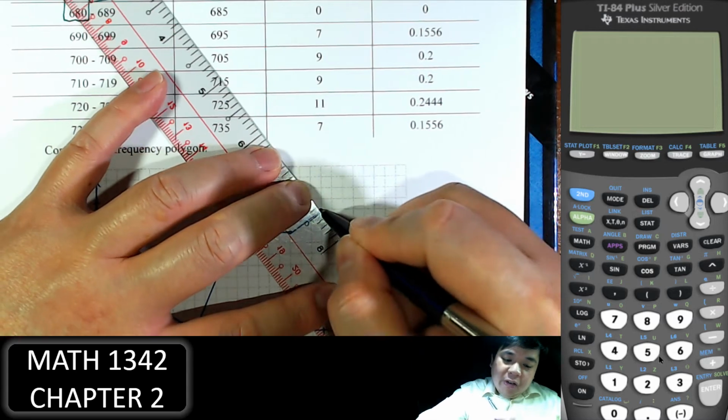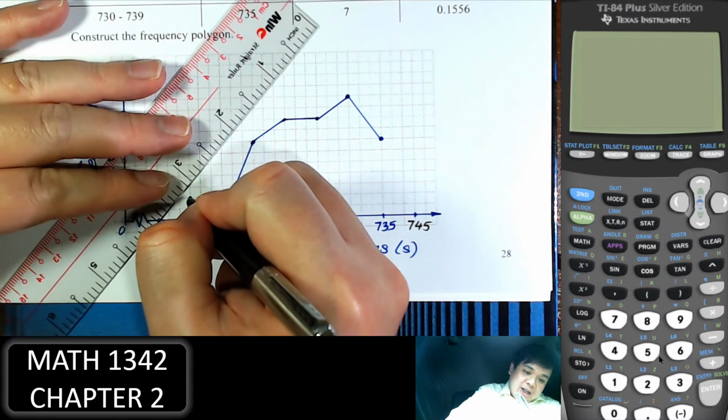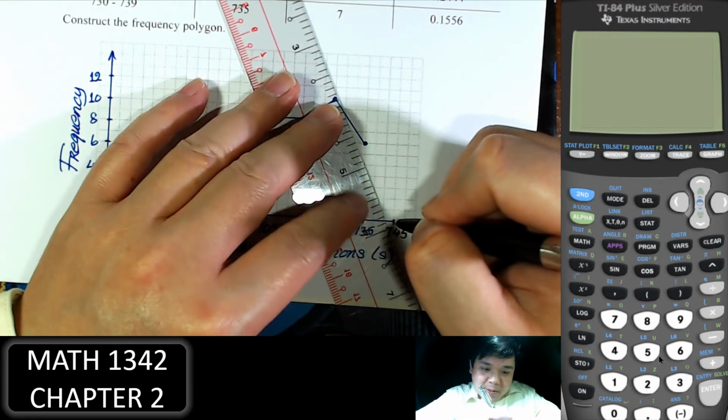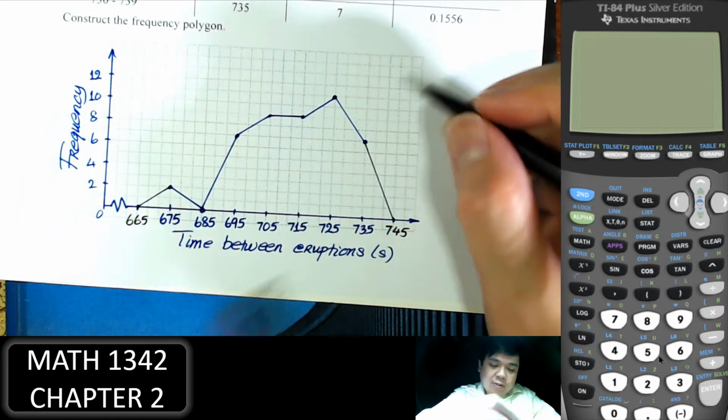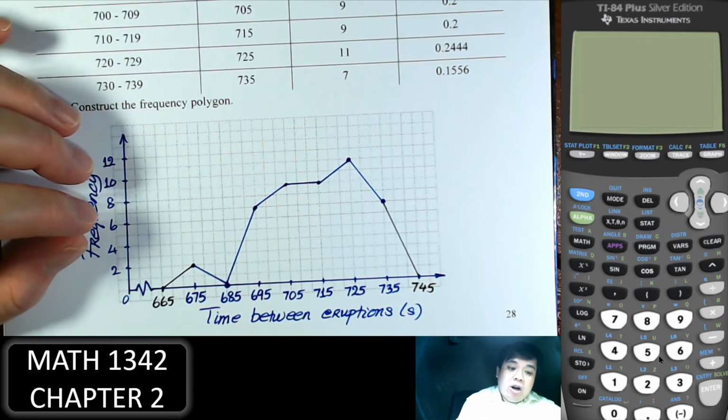The difference with the frequency polygon is that we have to connect it to the end. So this is the frequency polygon.